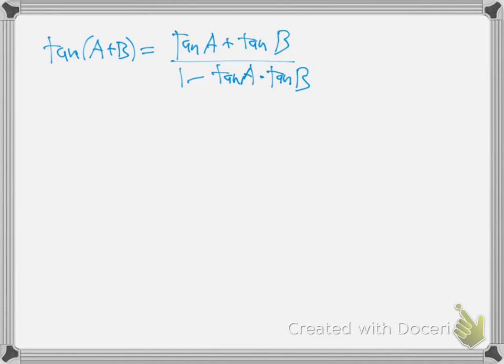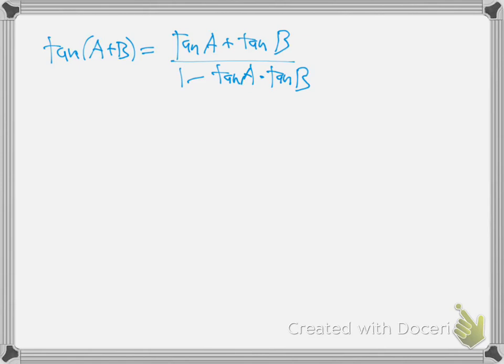Okay, so notice this is the yellow brick road, the pattern for when you have the tangent of 2 angles added. Again, you can't just distribute. It doesn't just say it's tangent A plus tangent B. That's just not true.